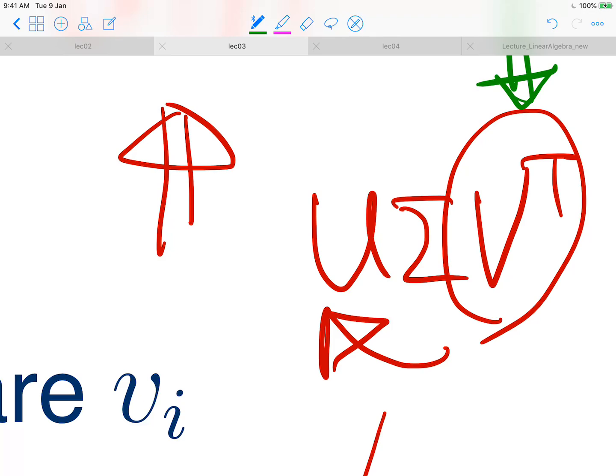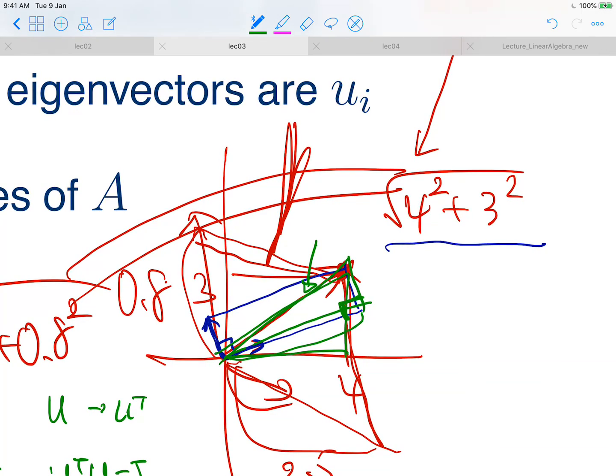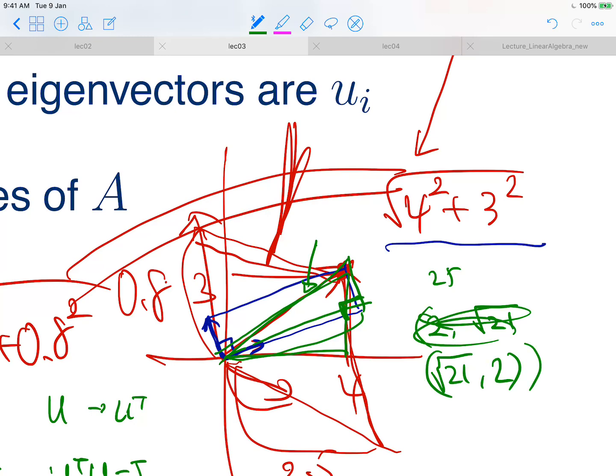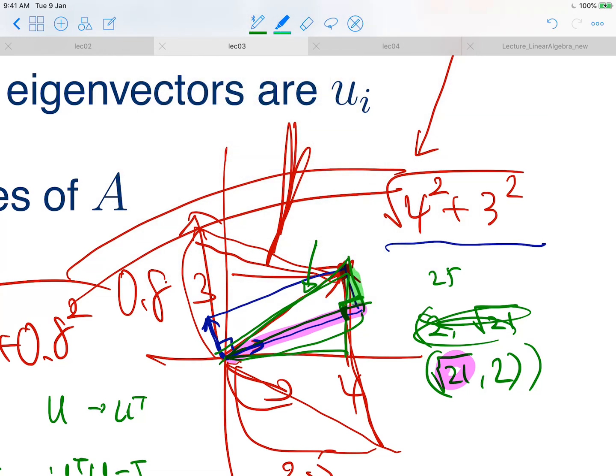So it's like 3, 4, okay? 3, 4 was represented in the new coordinate system as maybe 2, okay, so this line segment is square root 21, and this line segment is just 2, okay?